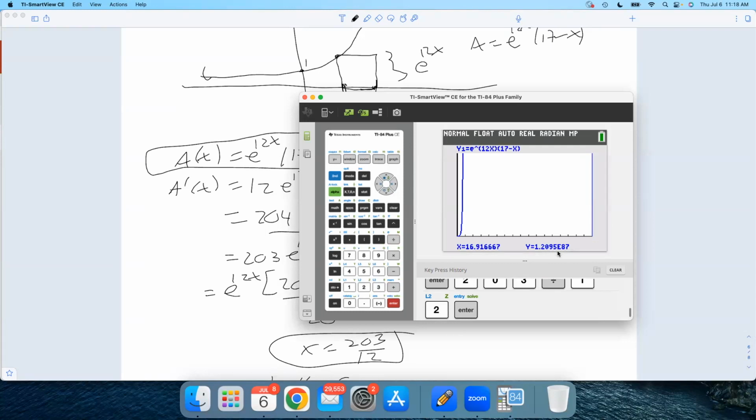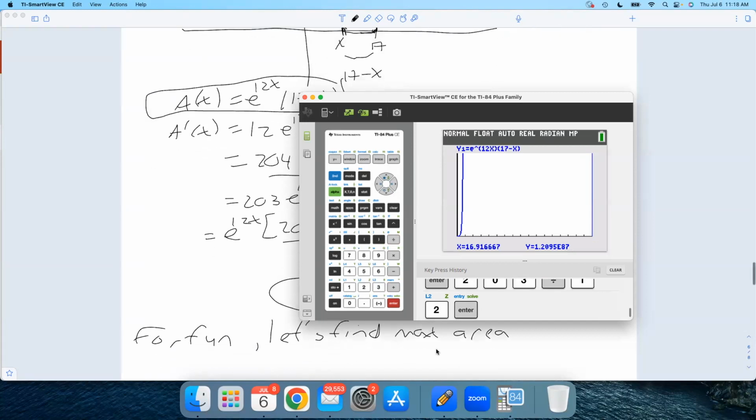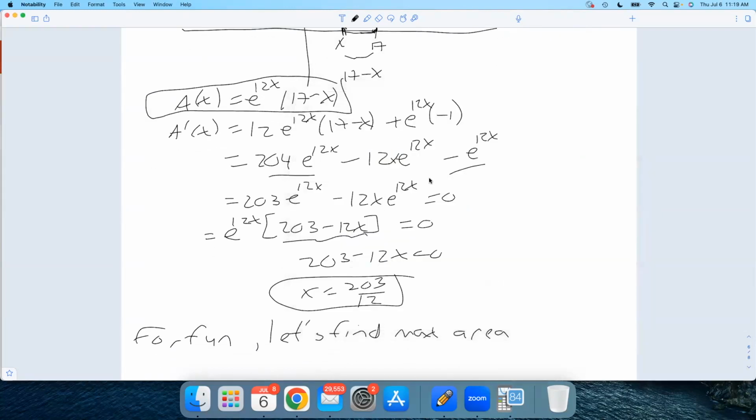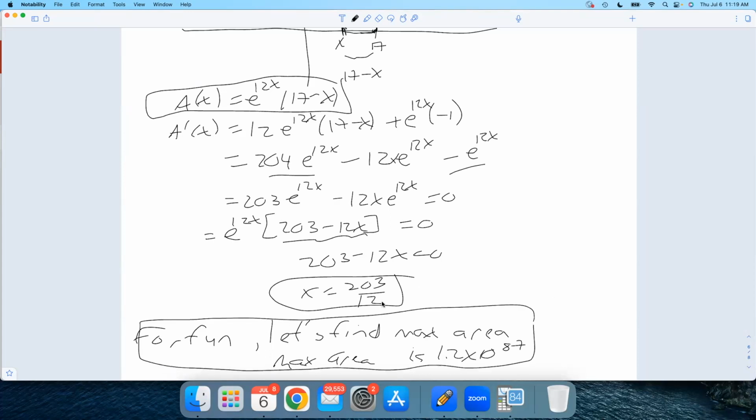That's 1.2 times 10 to the 87th power. Yes, I was not making my graph nearly big enough. 1.2 times 10 to the 87th. Again, the question didn't ask for it. We were done right there.